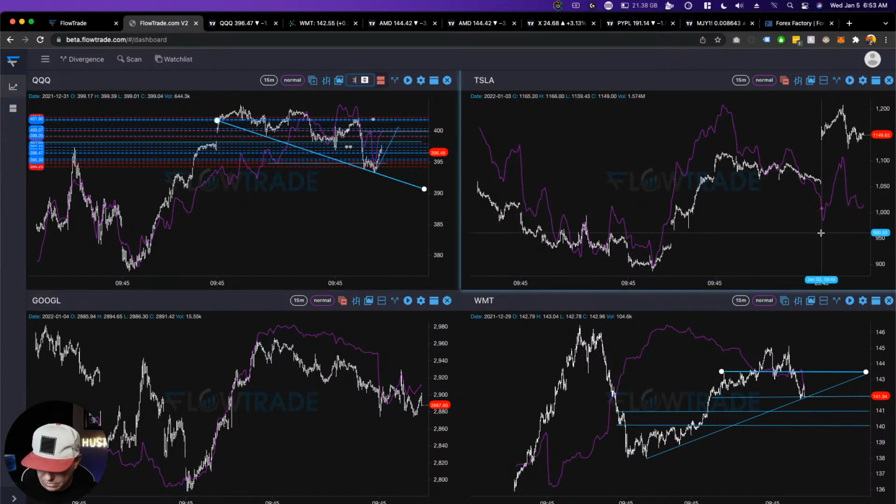Okay. Tesseract, what's going on with Tesla? So what's going on with the algo here? All right. Pull back. Well, the algo was making higher highs and higher lows, but it ran into some resistance.